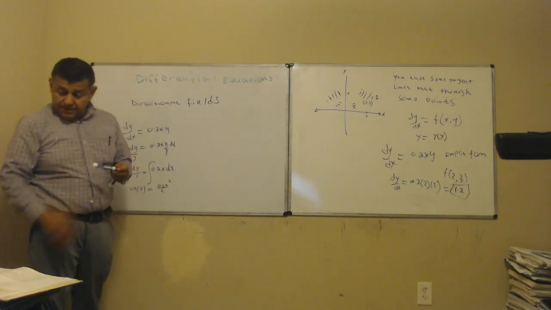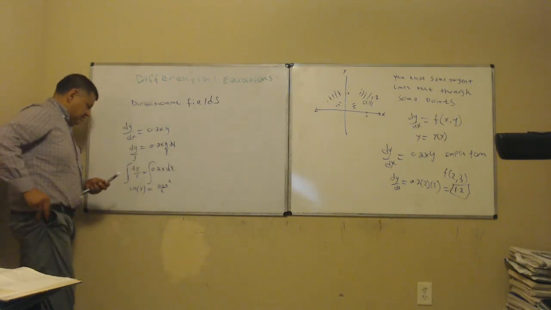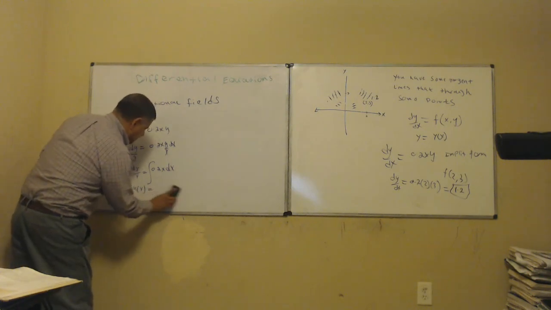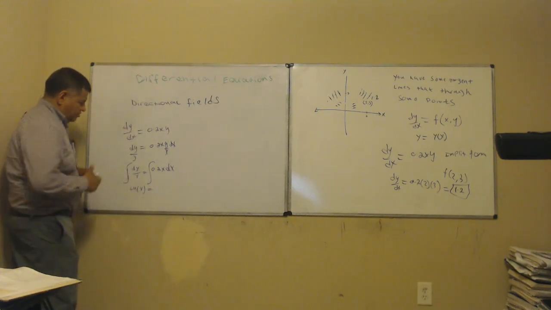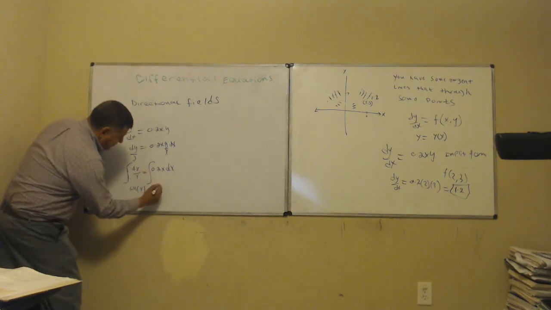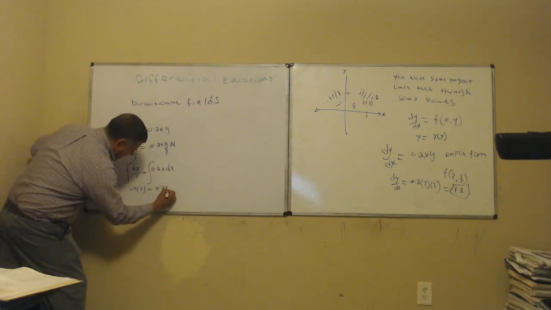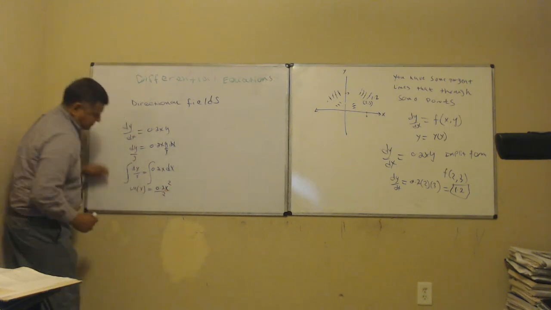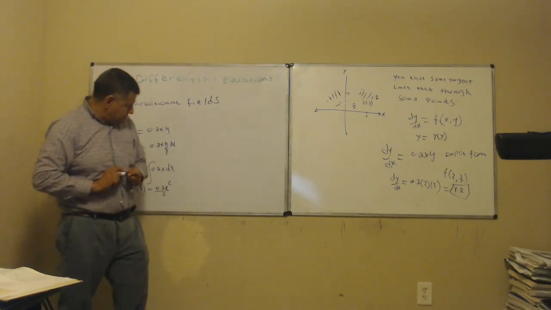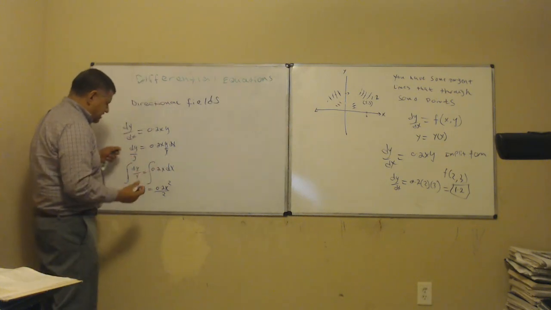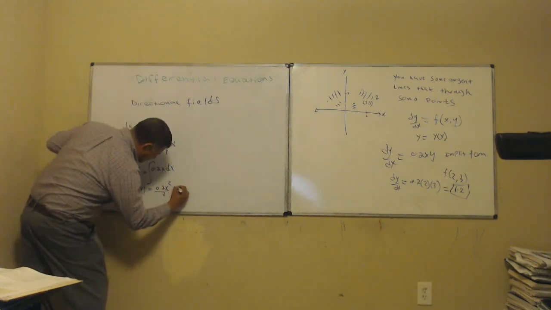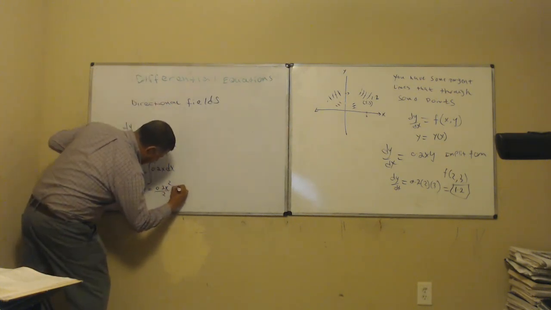To be clear, because I have a decimal there, I'm keeping the 0.2, adding 1 to the exponent and dividing by the new exponent, plus a constant, plus c.